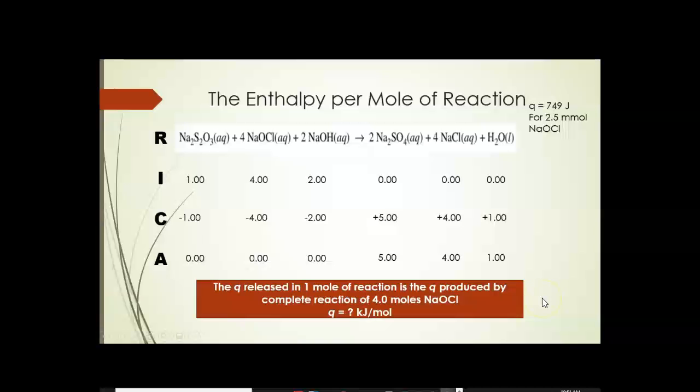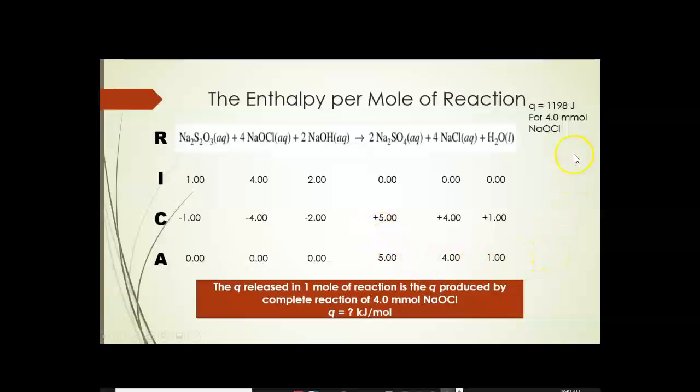So what's Q in kilojoules per mole? So we're going to increase all of this to stoichiometric numbers and use up all of that. We are then going to multiply by the appropriate numbers and see how much of the product we produce.